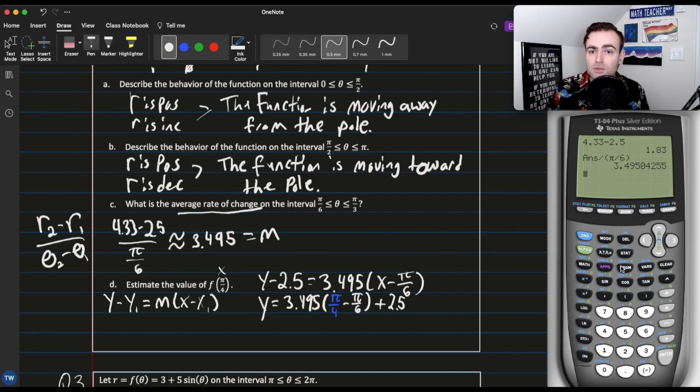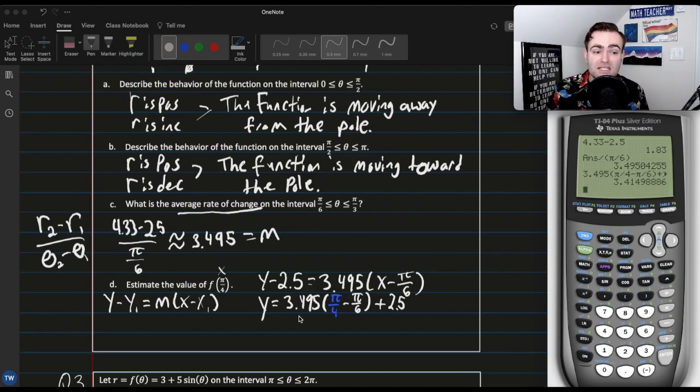Let's actually plug this in the calculator and see what's going on. All right, so we're going to do 3.495. Oh, I missed the 3. 3.495 times pi over 4, take away pi over 6, plus 2.5.